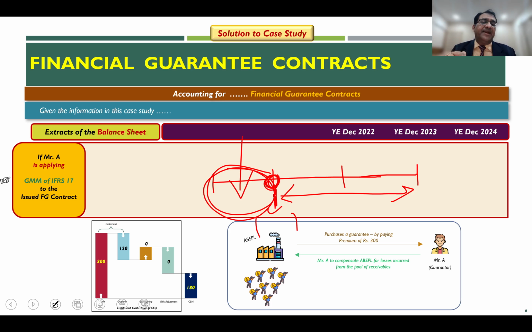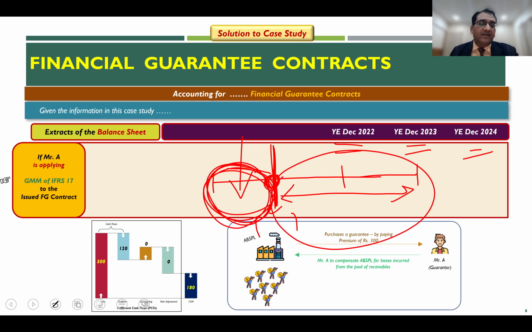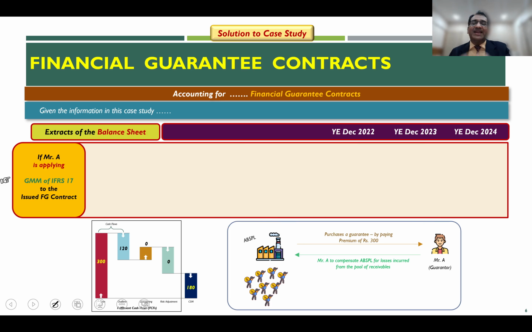So that unpaid claim will also be part of your liability, which you need to carry at the end of this period. So essentially, at any point in time, the liability from an insurance contract will consist of two parts: liability for incurred claim, which is the past period, and liability for future periods. Right? This is exactly the concept which we will apply here.